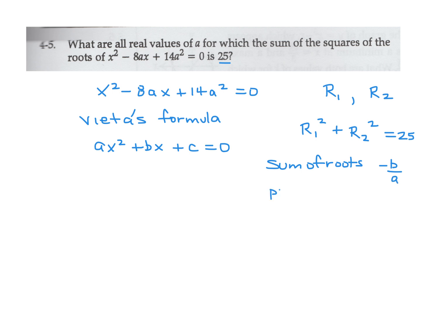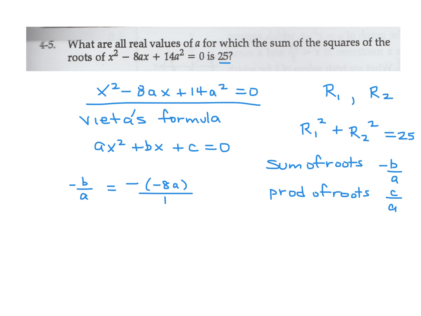And the product of the roots would be, I think it's c over a? Yeah, c over a. So for this one here, the minus b over a would be minus minus 8a over 1, which is just 8a. And then the product of the roots, which is the c over a, that would be 14a squared over 1, which is just 14a squared.